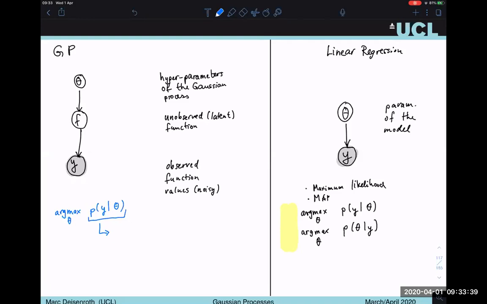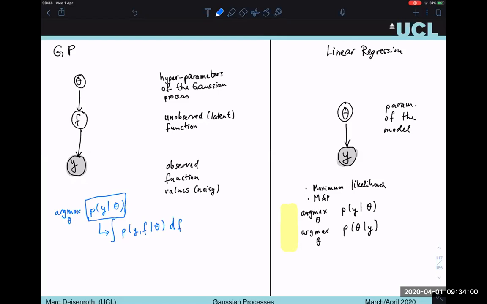So we're going to try to rewrite this particular equation in a slightly different form. We can write the same thing as the integral of P of y comma f given theta, df. That's a marginalization that we do.